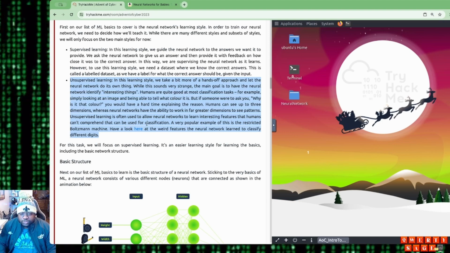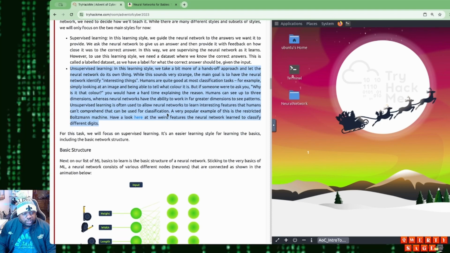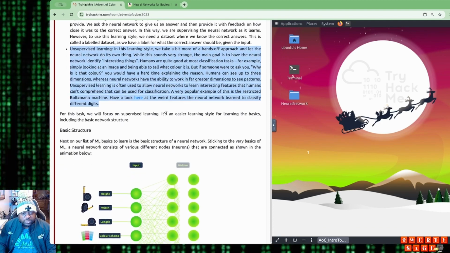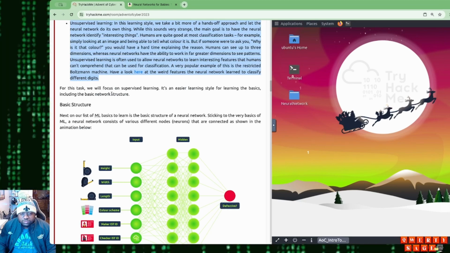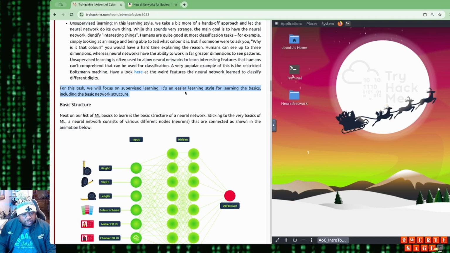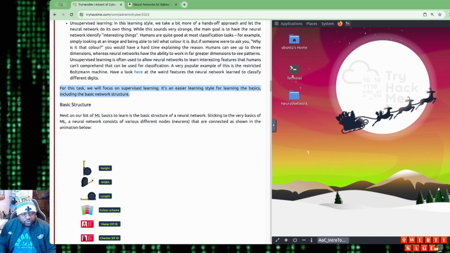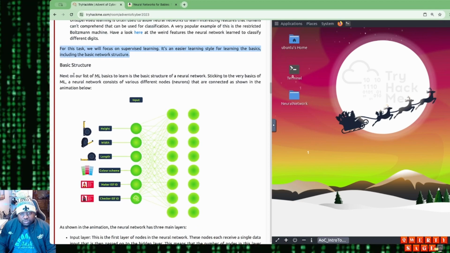Humans can see up to 3 dimensions. Neural networks have the ability to work in 4 or greater dimensions to see patterns. In this task, we'll focus on supervised learning. It's an easier style for learning the basics, including the basic neural network structure.